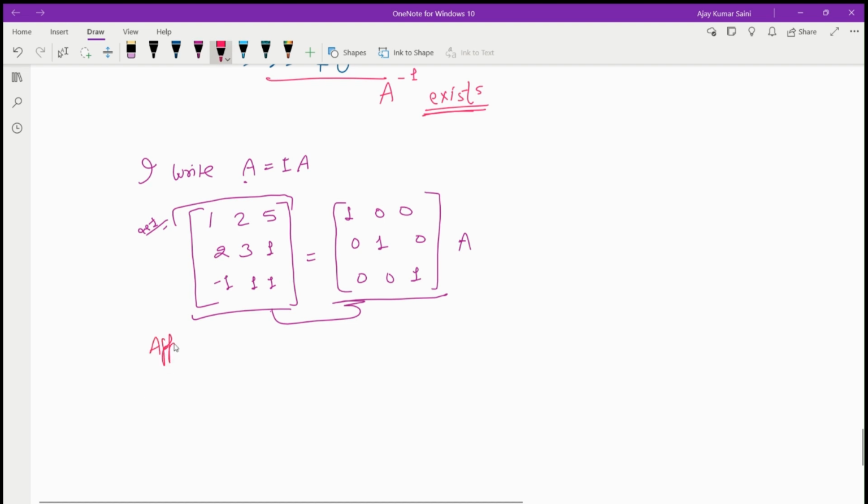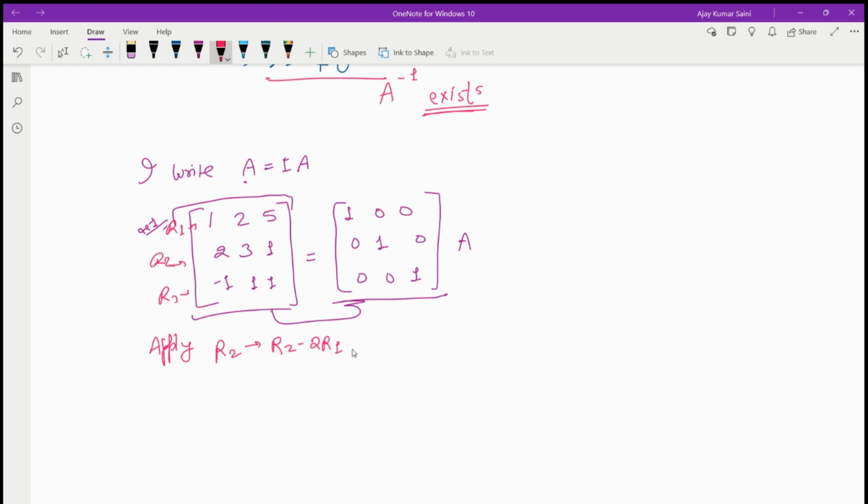So now apply row operations. This is R1, this is R2, this is R3. Apply R2 becomes R2 minus 2 R1.